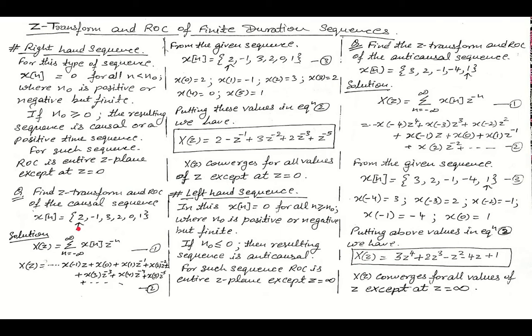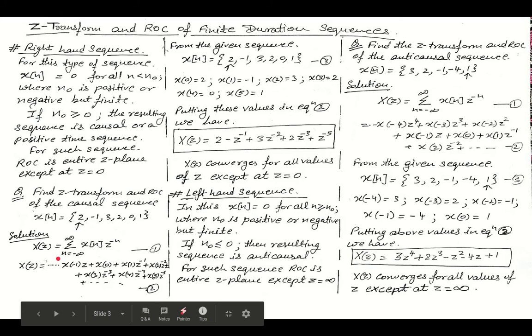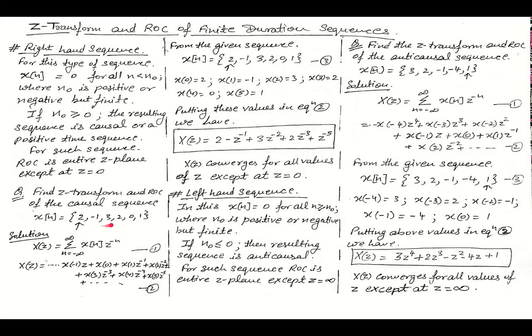Now we already know by the definition that the Z transform is given as X(z) equal to the sum from n equal to minus infinity to plus infinity of x[n] into z to the power minus n, and all of this sequence falls on the right side of this origin.